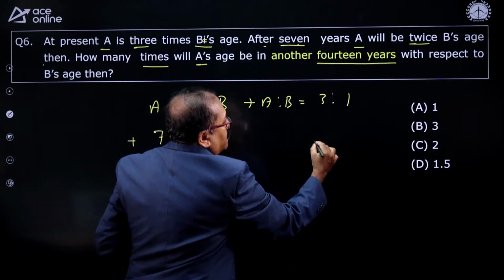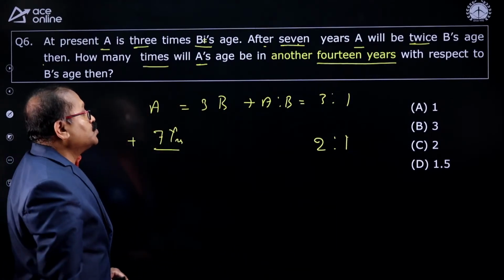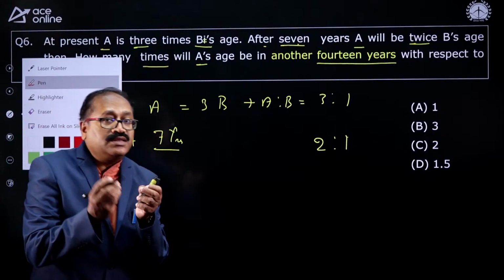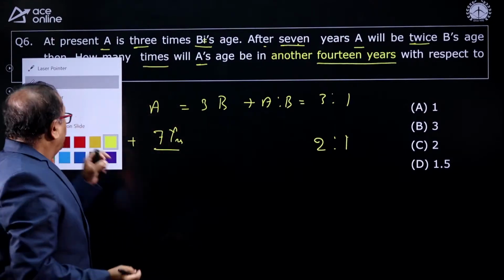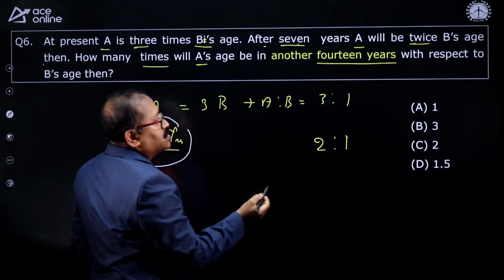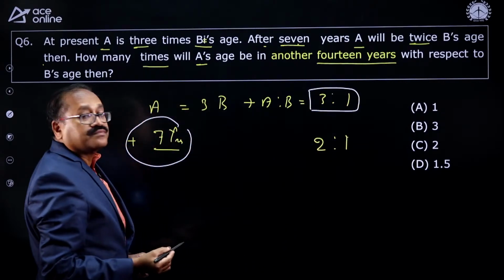A is to B, A will be 2 times B's age. Please notice here, Subhas, after how many years, sir? Look at the beauty here, the trick we apply. After 7 years, what is the ratio? Previously it was this one.